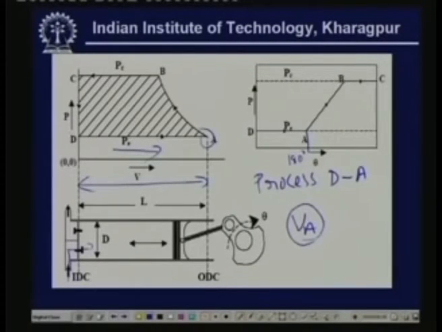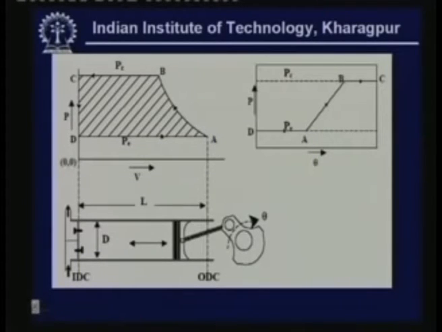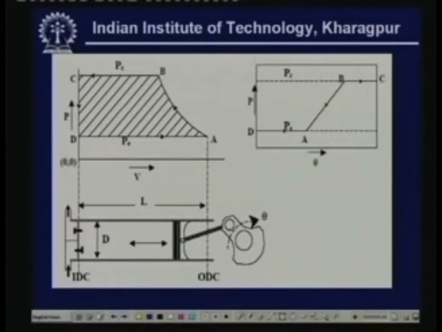Now let us look at the second process, that is the compression process. The compression process is process A to B. During this process, the piston starts moving in the opposite direction, from the outer dead center to the inner dead center.